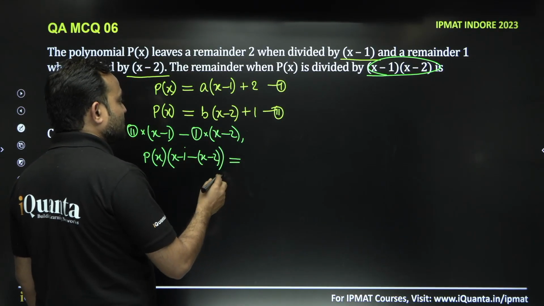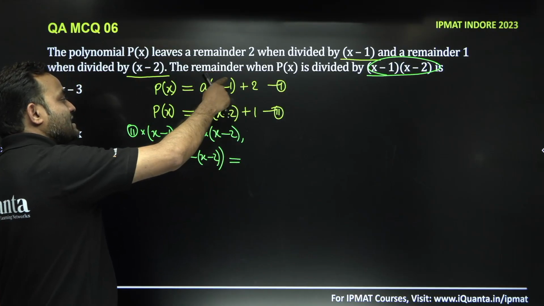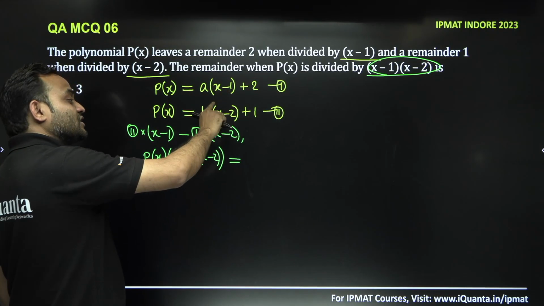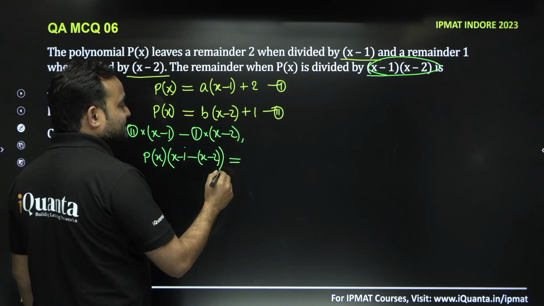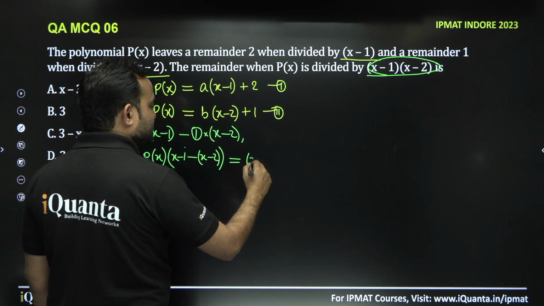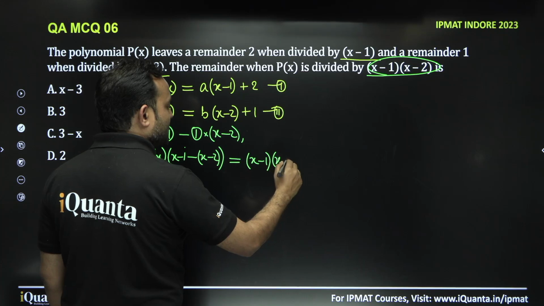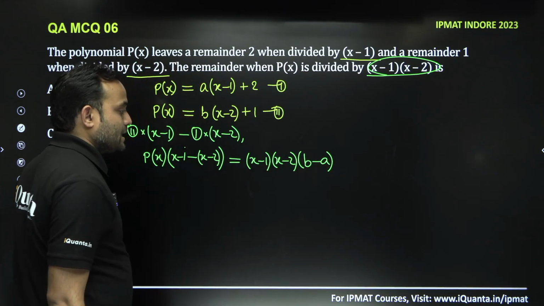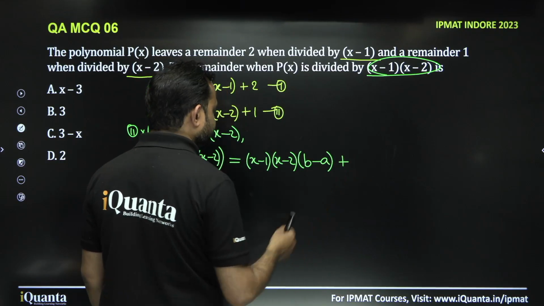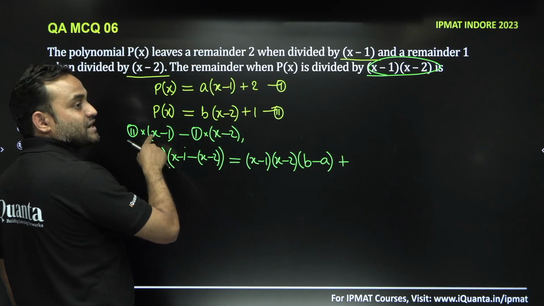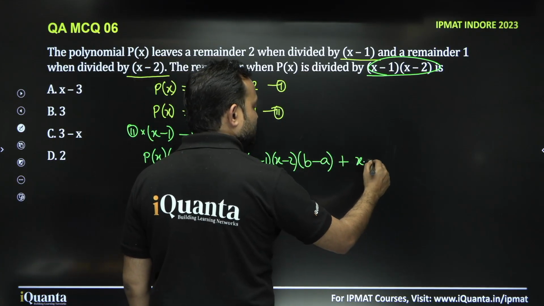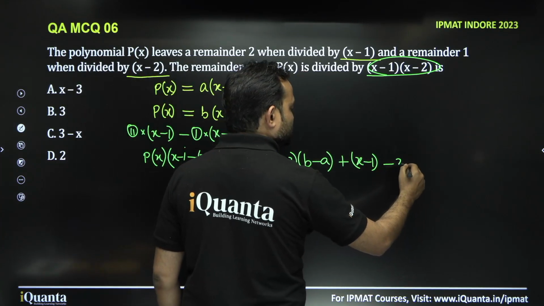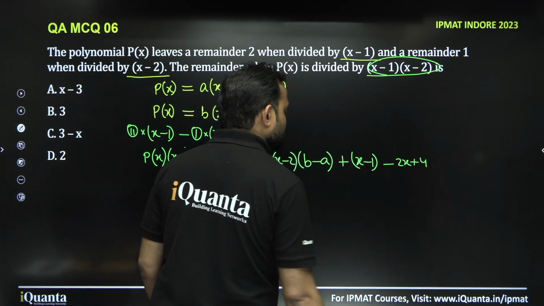This should be equal to a(x minus 1)(x minus 2) from one and b(x minus 1)(x minus 2) from the other. So if you subtract, this will become (x minus 1)(x minus 2)(b minus a) plus 1 into (x minus 1) minus 2 into (x minus 2), so 2x plus 4.